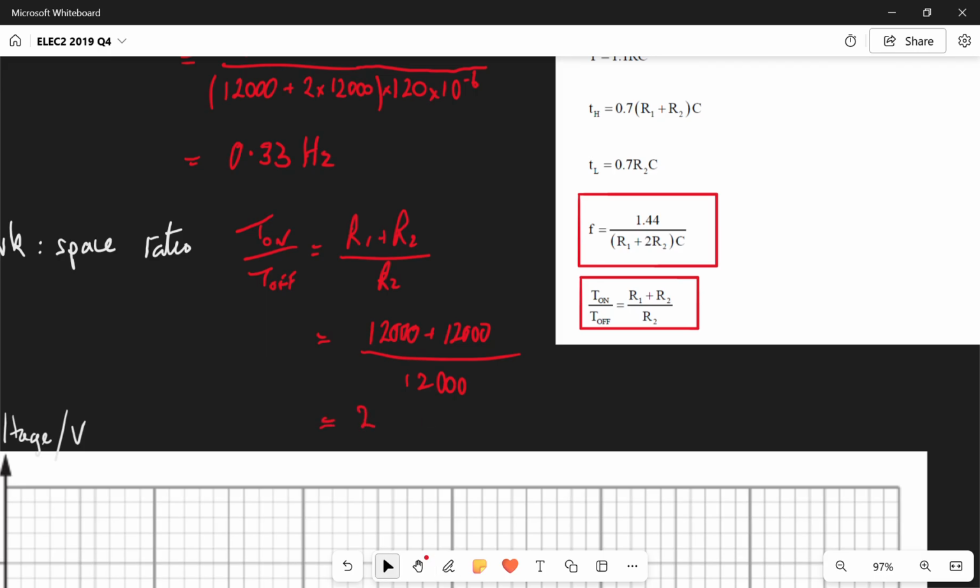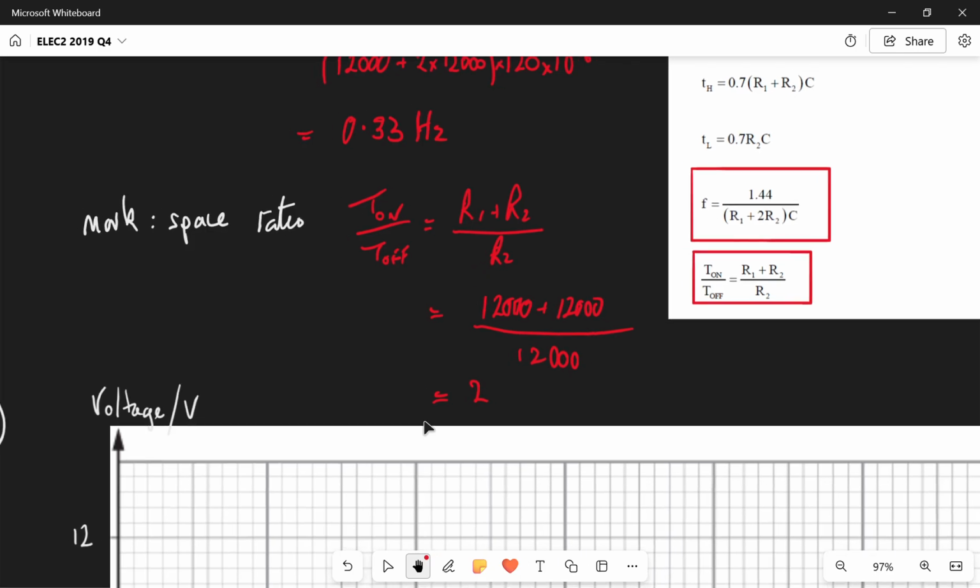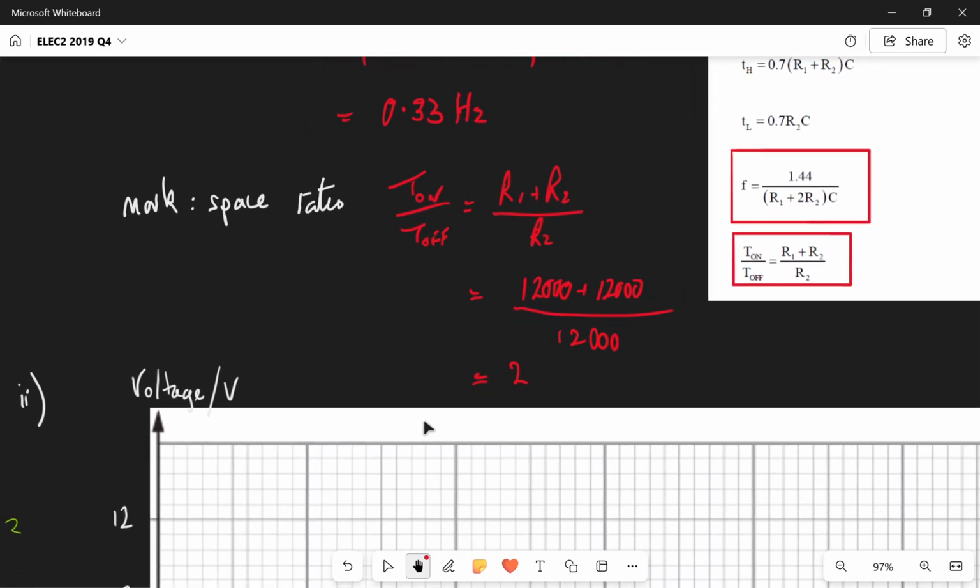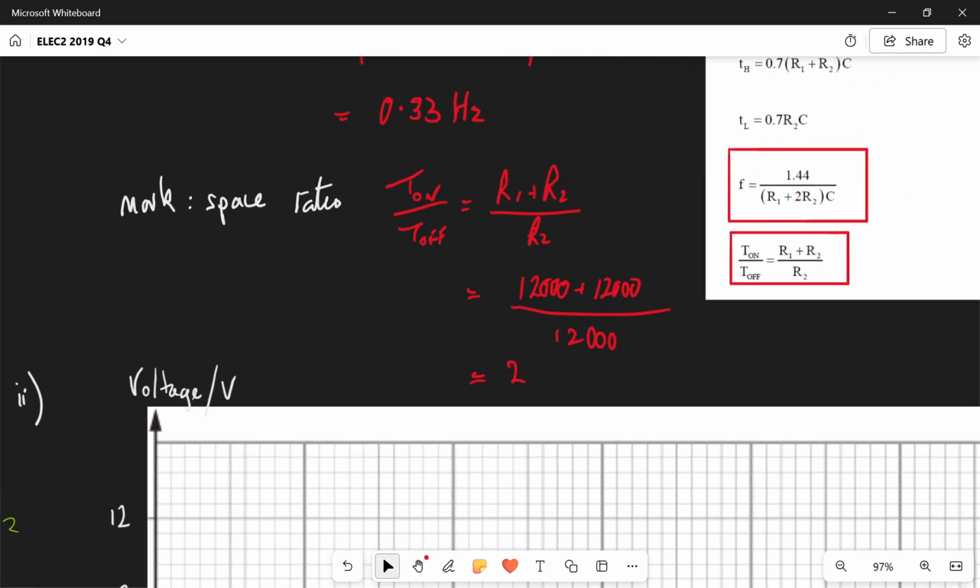That gives us an answer of 2. Now, that in itself isn't a ratio, and the actual question does ask what is the mark space ratio. So therefore we need to give it in terms of a ratio. So the mark space ratio is 2 to 1.